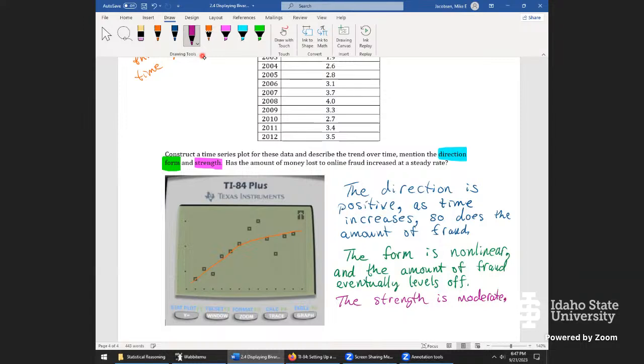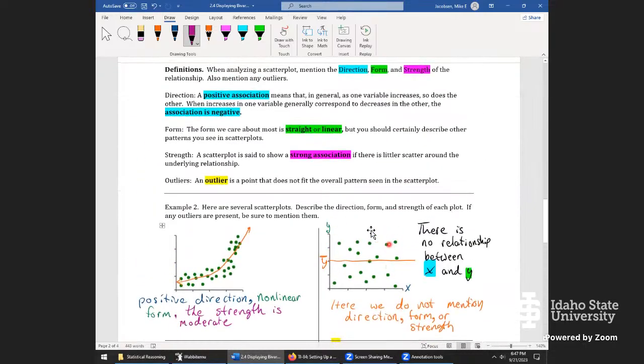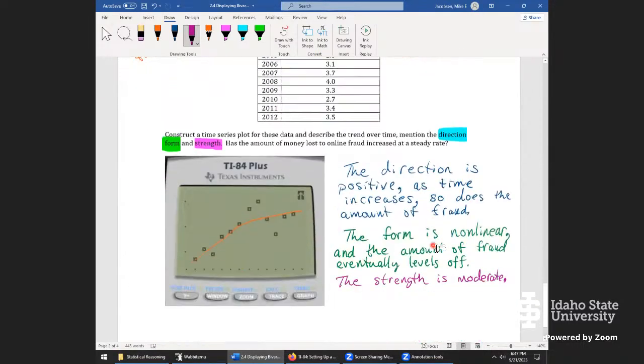Now, what does that mean for the context? If we said moderate strength, then that means the year data is doing a reasonably good job in predicting the amount of fraud. If it was weak to none, we'd have said the year had nothing to do with the amount of fraud. That would have meant the cloud of points looked more like this. That's if year has no explanation in fraud at all. But here it does.